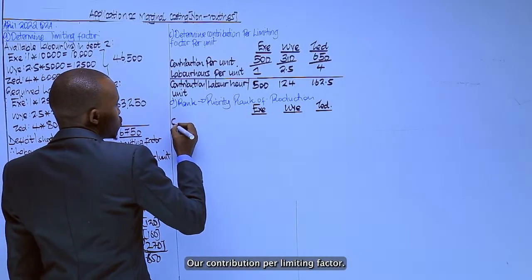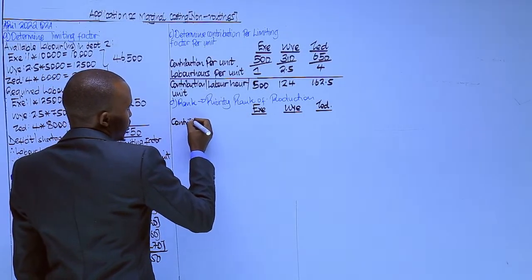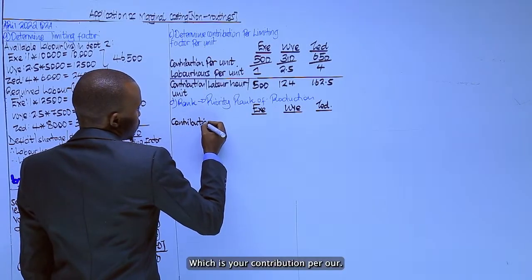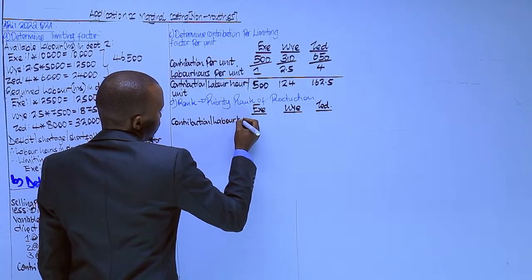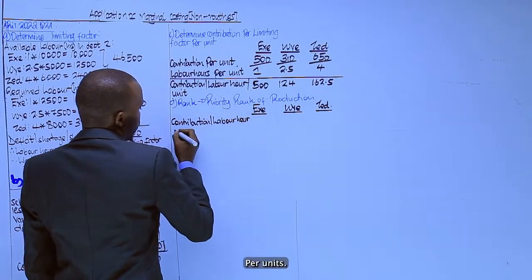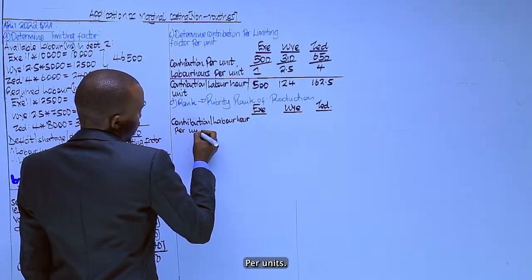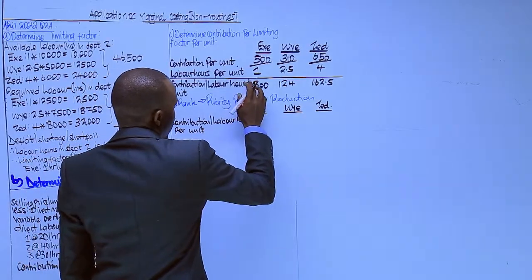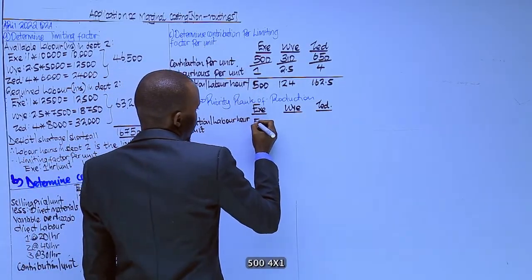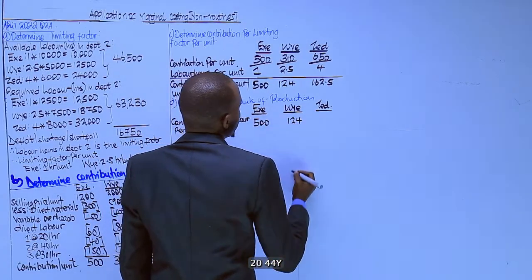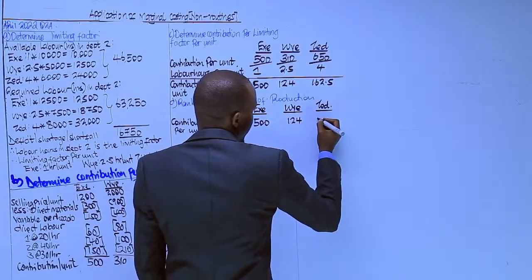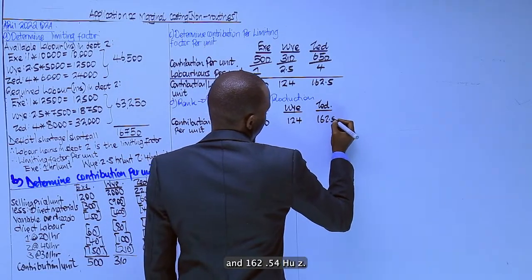Our contribution per limiting factor, which is your contribution per labor hour per unit, was how much? 500 for X, 124 for Y, and 162.5 for who?